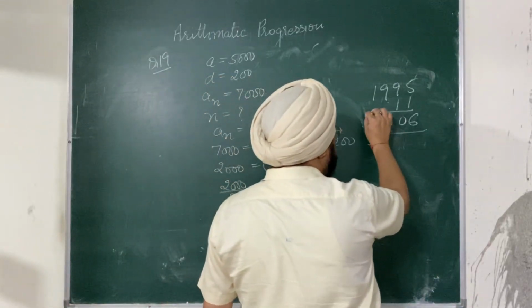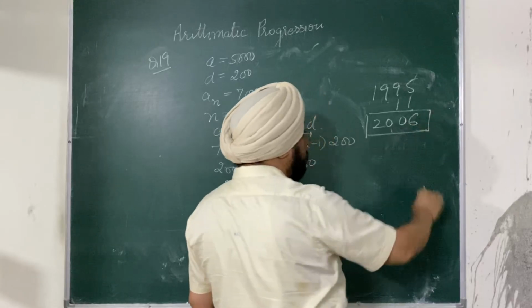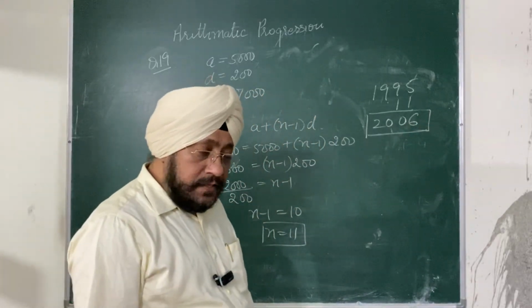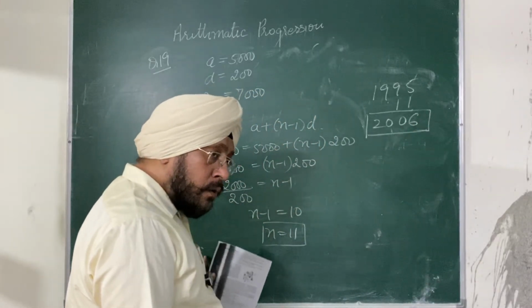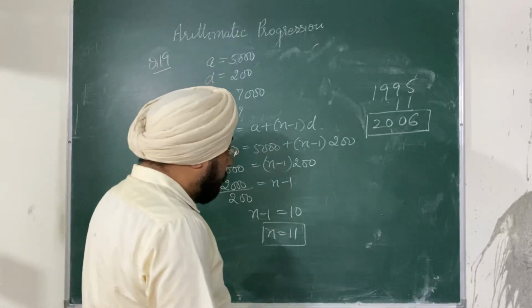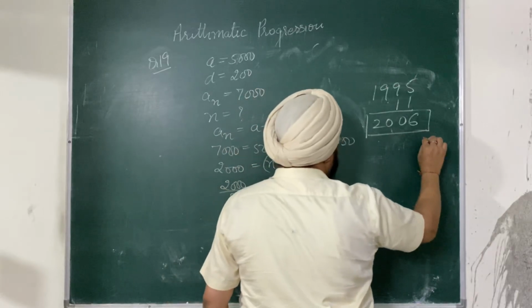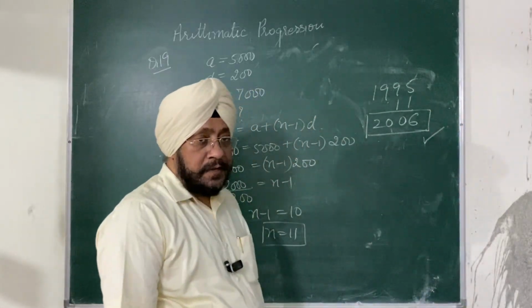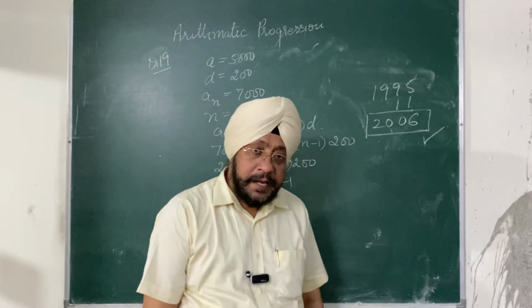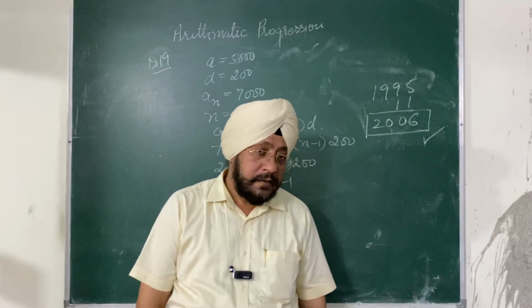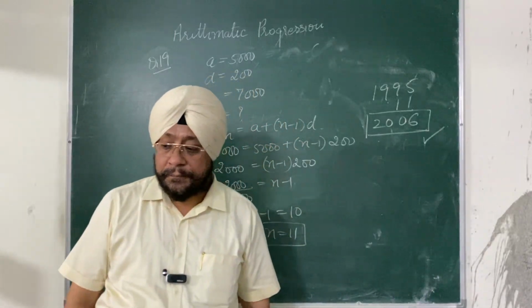That is in the year 2006. So the annual salary of Subbarao becomes 7,000 in the year 2006. So this is question number 19, and now we have to start the next question.